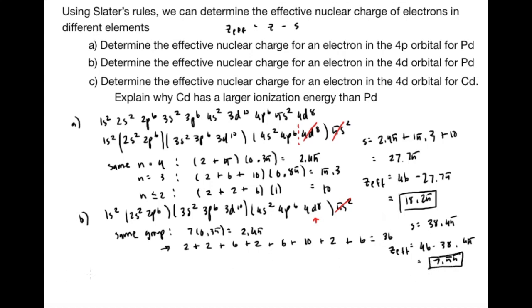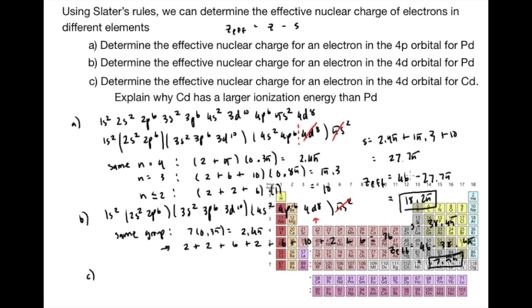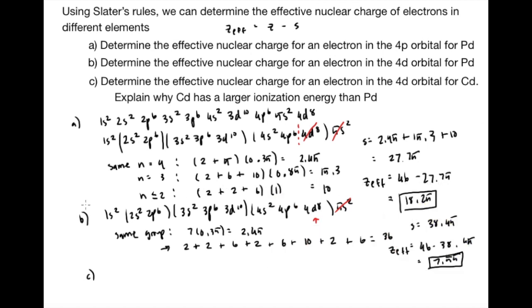And now for part C, we will determine the effective nuclear charge for an electron in the 4d orbital for cadmium. So if we look at cadmium really quickly, it is actually in the same d block, or in the same period as the palladium, except it has 10 electrons in 4d. And so we know that it has basically the same electron configuration, except we have 4d10.